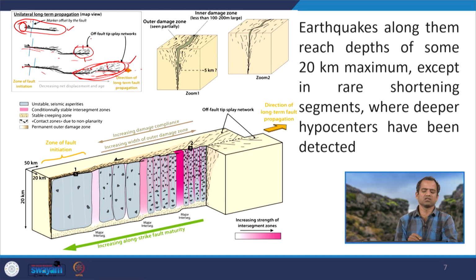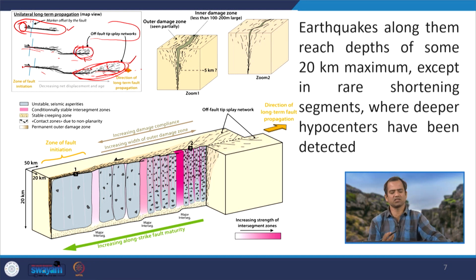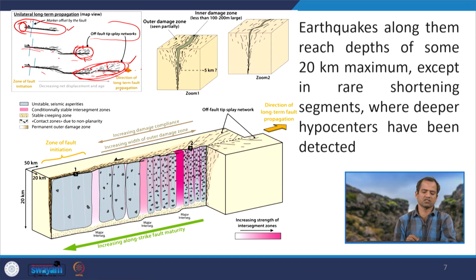So, these are upfault tip splay networks. This tip is divided into different splays, and the direction of long-term fault propagation represents the damage zone: the width of the damage zone increases towards the growth direction.